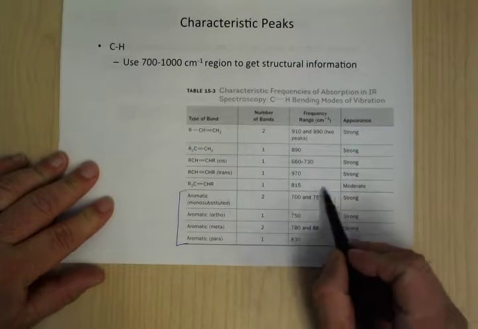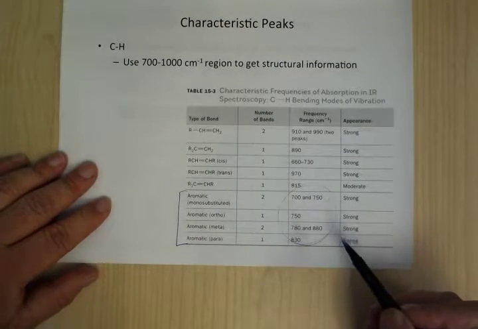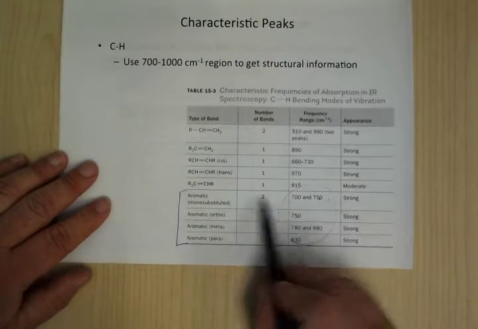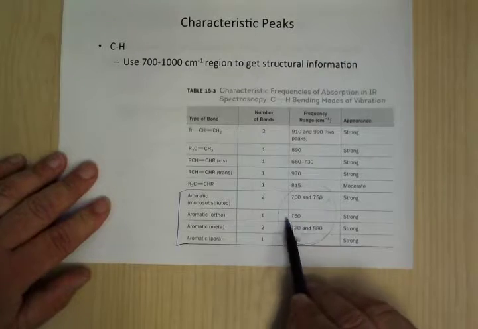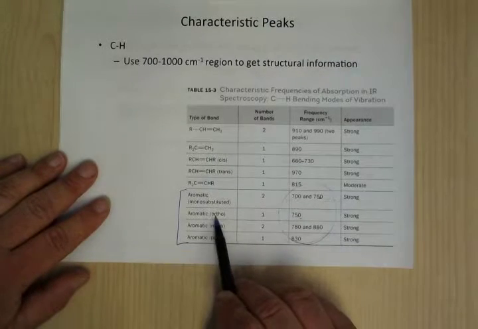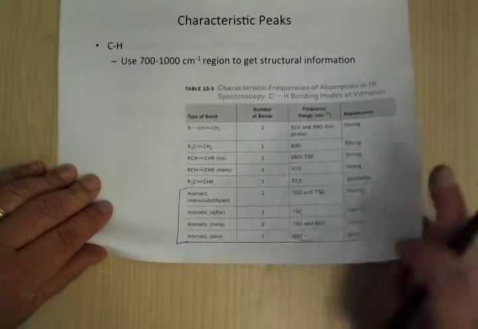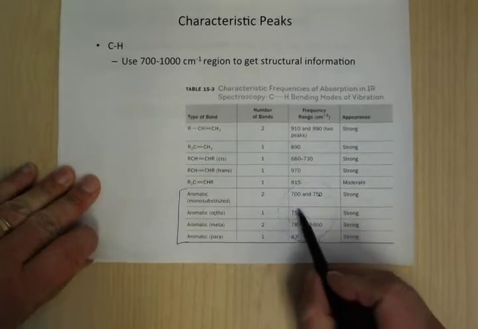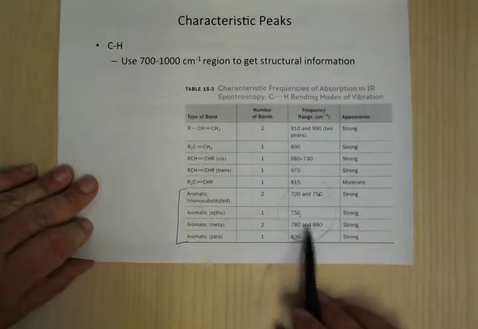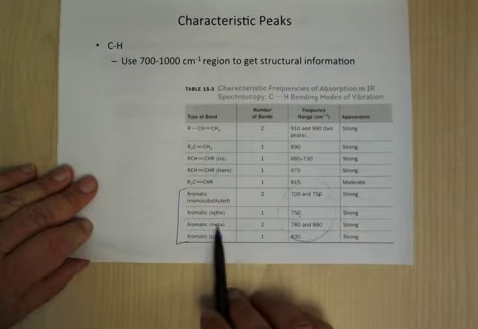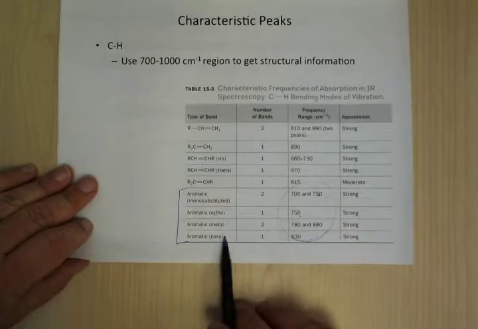These things are pretty characteristic. Okay, so if it has both the 700 and 750, you know it's just monosubstituted. But if it just has the 750, you know that it's ortho. Okay, so we'll talk about this in a minute. You have to be aware of what's there and what's not there. Okay, so same thing here, right? So 780, 880, it'd be meta. If it was 830, it'd be para.